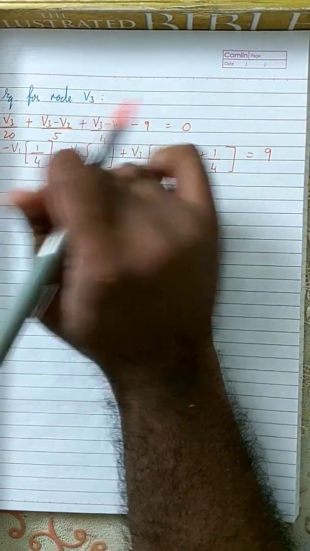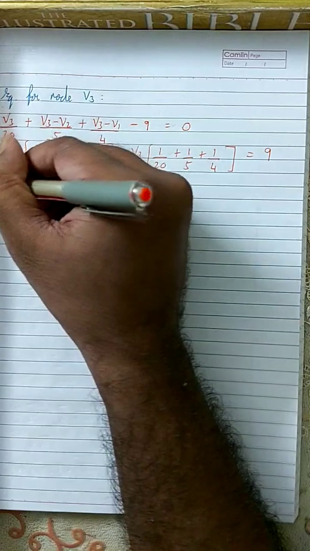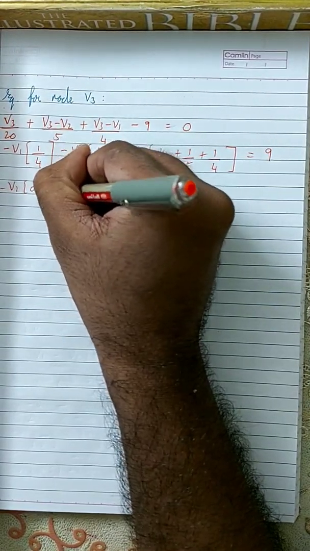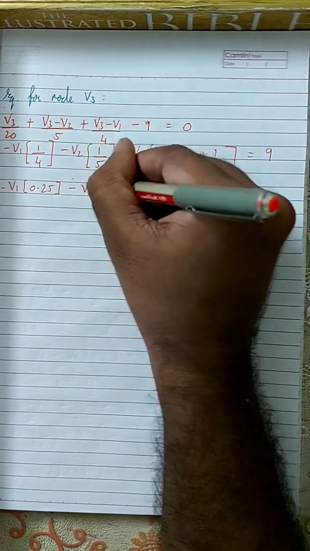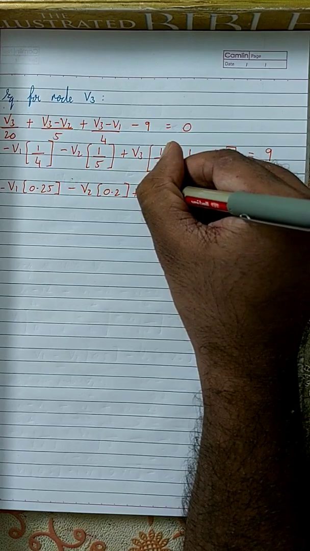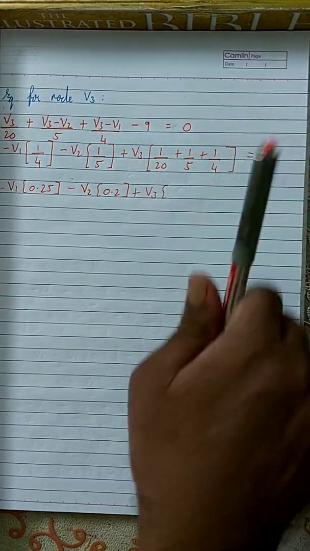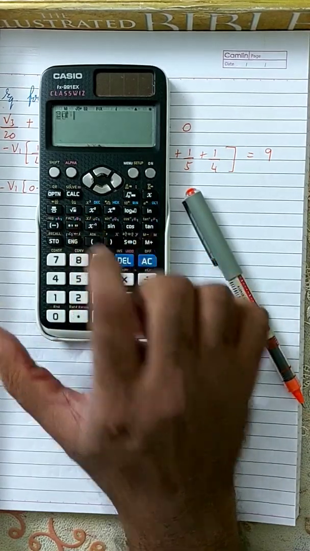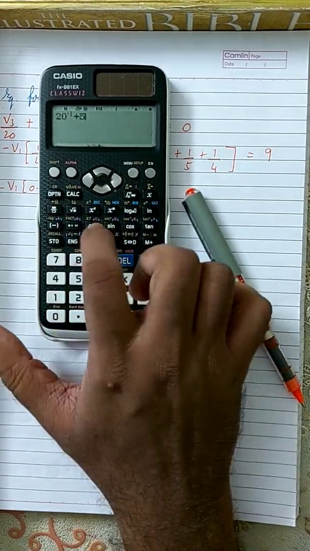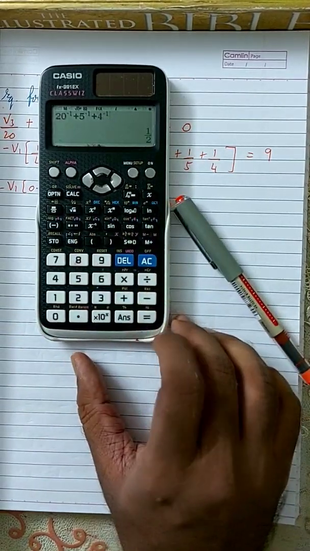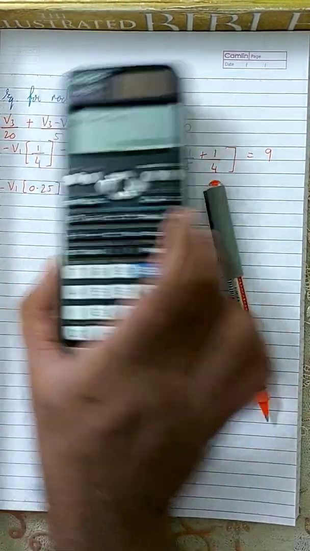So what is 1 by 4? 1 by 4 is 0.25. So it is minus V1 into 0.25 minus V2 into 1 by 5, which is 0.2, plus V3 into 1 by 20 plus 1 by 5 plus 1 by 4. What do you get? 20 inverse plus 5 inverse plus 4 inverse, and you will get 0.5.